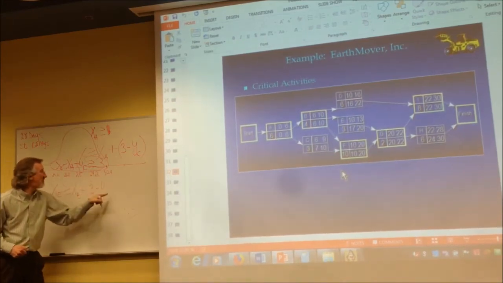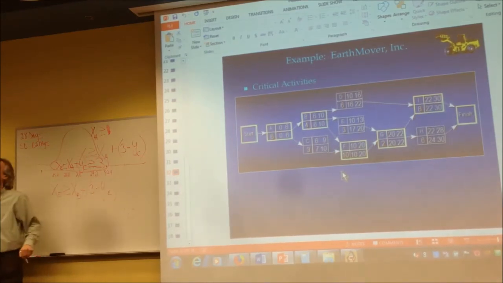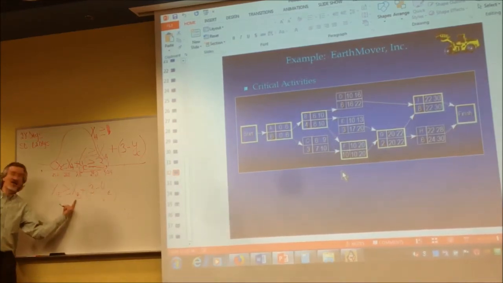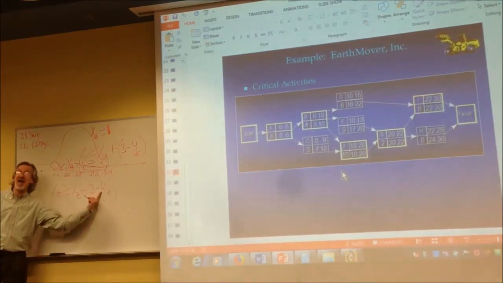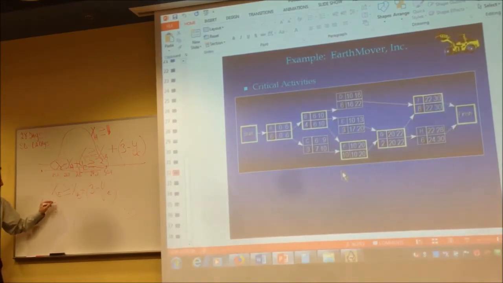Minus Y sub, what letter would go with this Y? E, because we're writing this for E. Let's use algebra. Subtract the X sub B, because it's positive on this side. It's a negative Y sub E, so add a Y sub E to both sides. So I get X sub E minus X sub B plus Y sub E greater than or equal to 3.